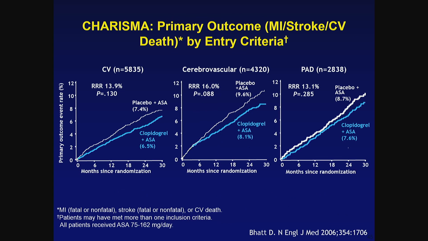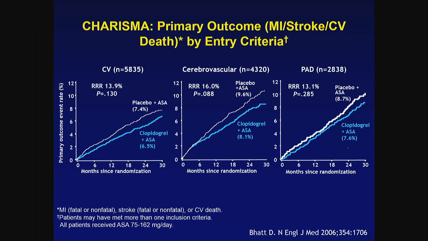The CHARISMA trial, published a decade later, investigated the use of dual antiplatelet therapy, that is aspirin and clopidogrel, in patients who were at an increased risk of systemic atherosclerosis, but who have not suffered myocardial infarction, stroke, or symptoms of or need for revascularization of lower extremities, for example.